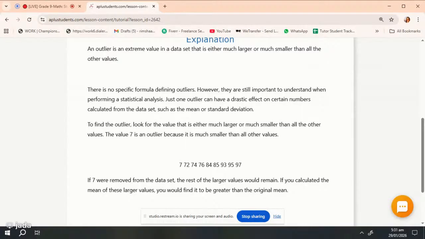Let me write all these numbers again, then we check it.